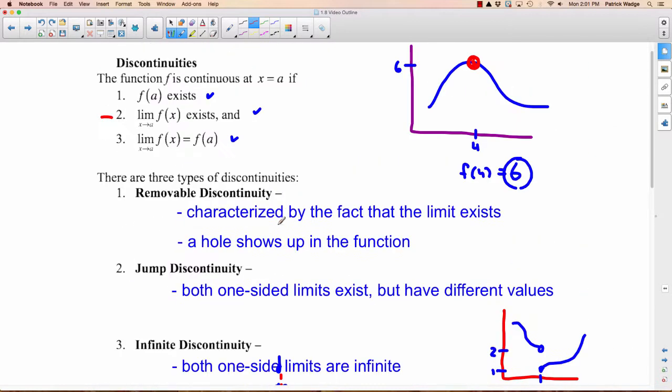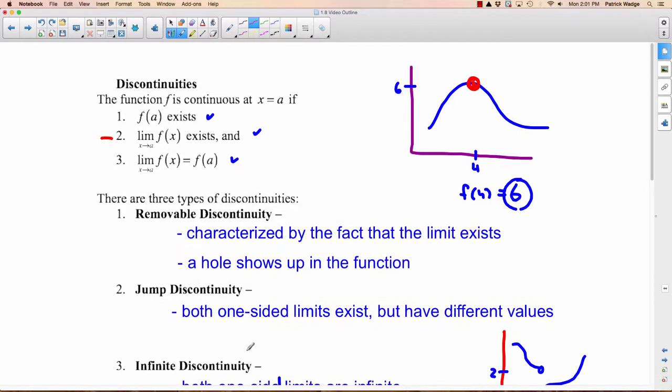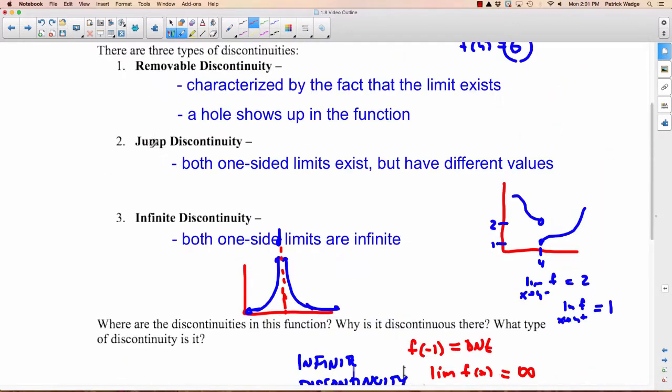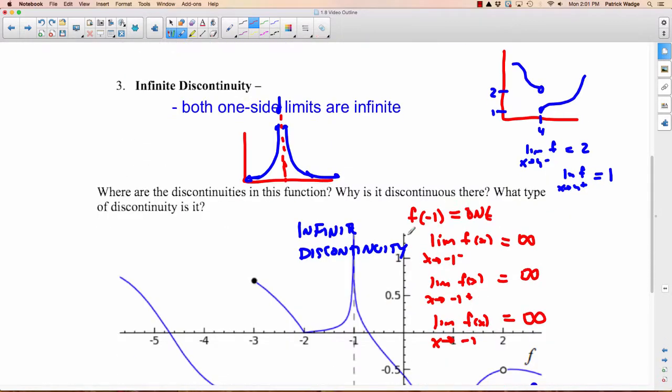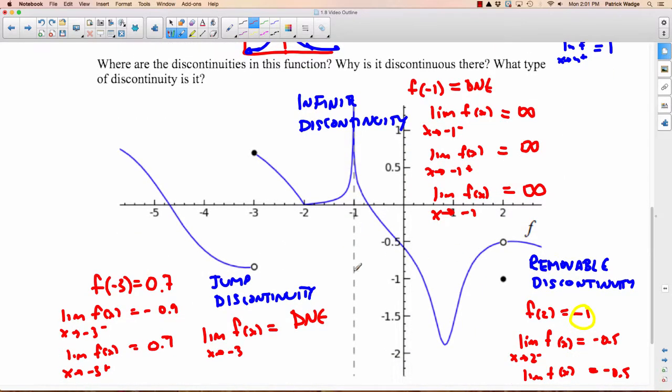So the first criteria was that f of negative 1 exists? Nope. The second one is that the limit of f of x as x approaches negative 1 exists, and that's again a nope. So for two reasons, and the third one will also be a nope, of course, this one definitely is not continuous. So there's your three types of discontinuities.